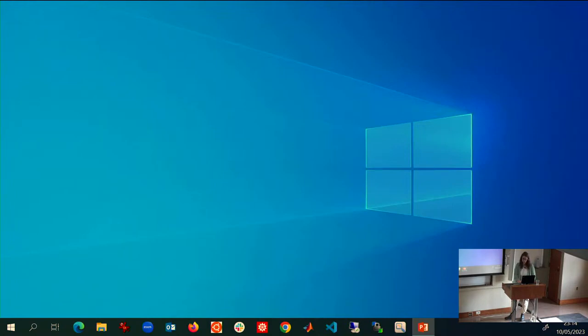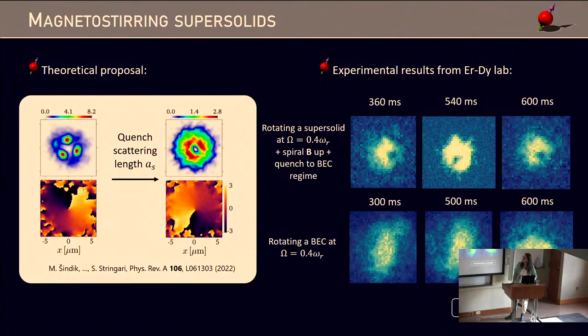No. Because in that paper with Sandro, we have these two parts in which you quench at the same time as you rotate. And in this way you see this less than h bar, as you say. Yeah, I see what you mean. No, at the moment we are just rotating the supersolid, trying to create a vortex there, and then quenching just to detect what we actually created before.